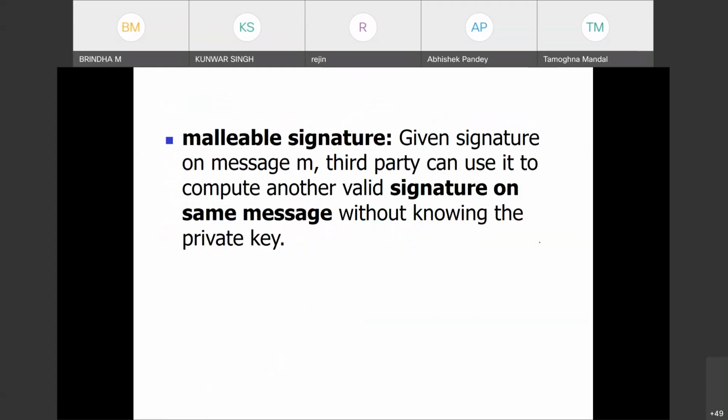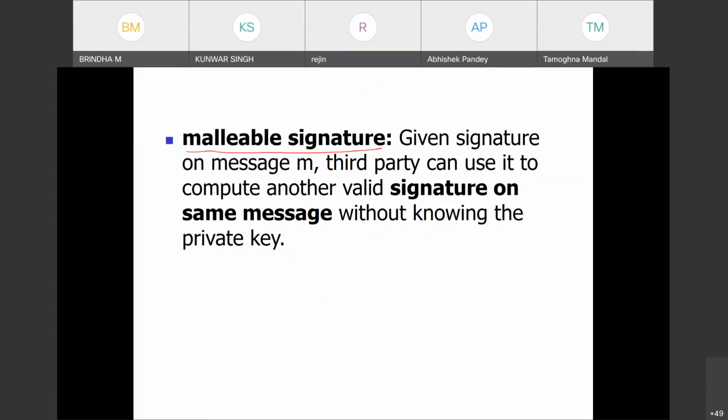Okay. So this is a signature scheme. Last one, the signature is malleable. Just one theoretical thing. The one problem in the elliptic curve digital signature is that it is malleable. What is a malleable signature? Given a signature on M, a third party can use it to compute another valid signature on the same message M without knowing the private key.